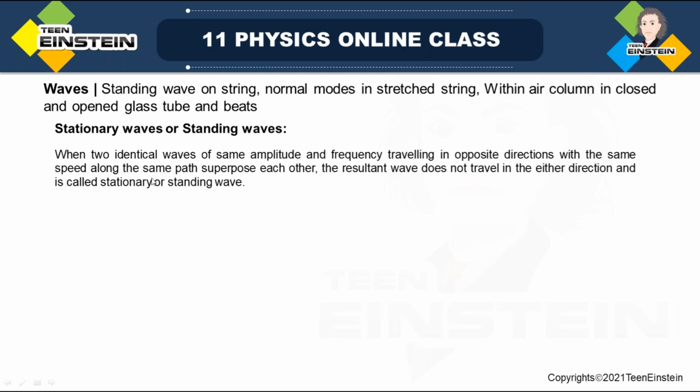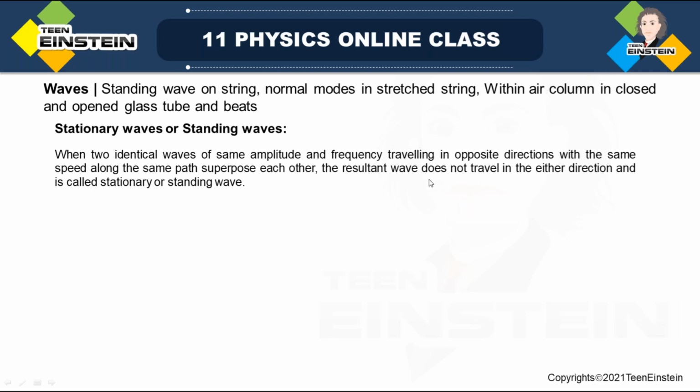So here I have given you the definition of the standing wave, just to recollect what we have learned in the previous classes. When two identical waves of same amplitude, frequency, traveling in opposite directions with the same speed along the same path superpose each other, a resultant wave will be produced.